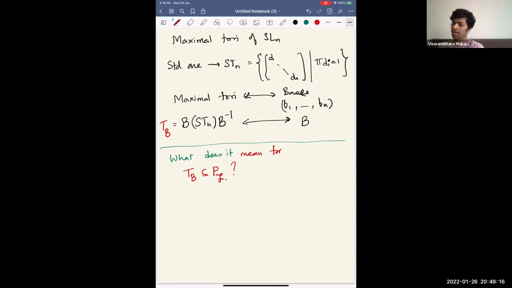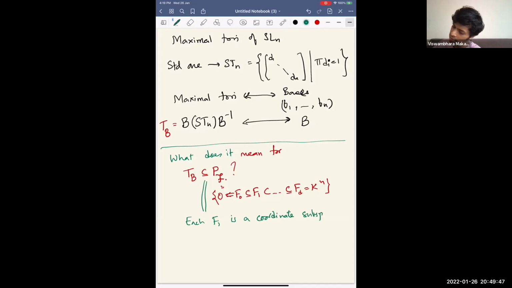What does it mean that it's sitting inside it? Well, any parabolic is associated to a flag, right? F_1, dot dot dot, F_d, which is the whole space. This inclusion is the same thing as saying each F_i is a coordinate subspace in the basis B. What does that mean?